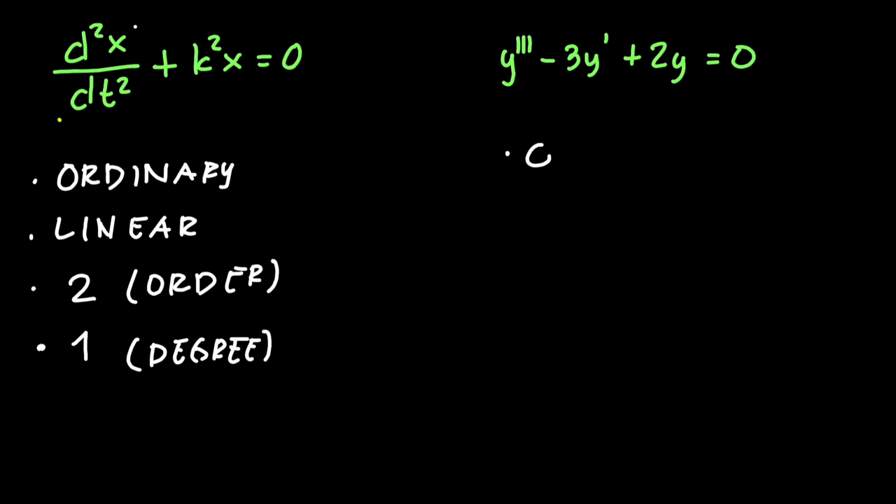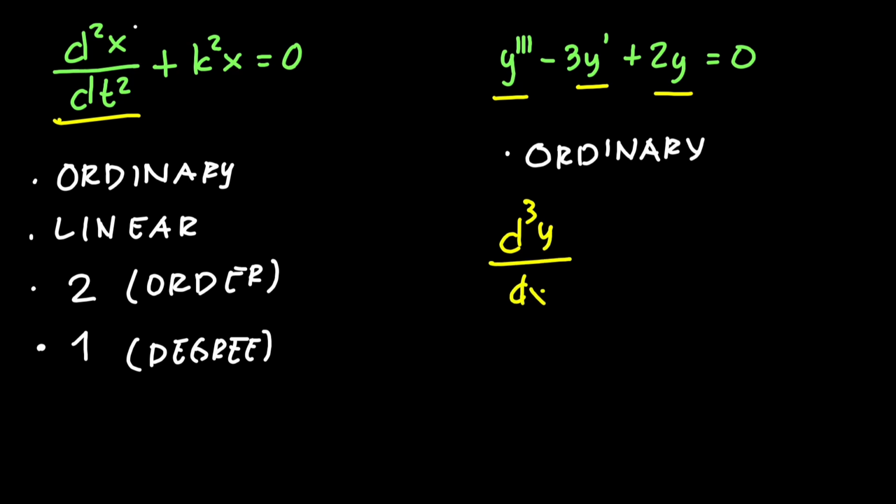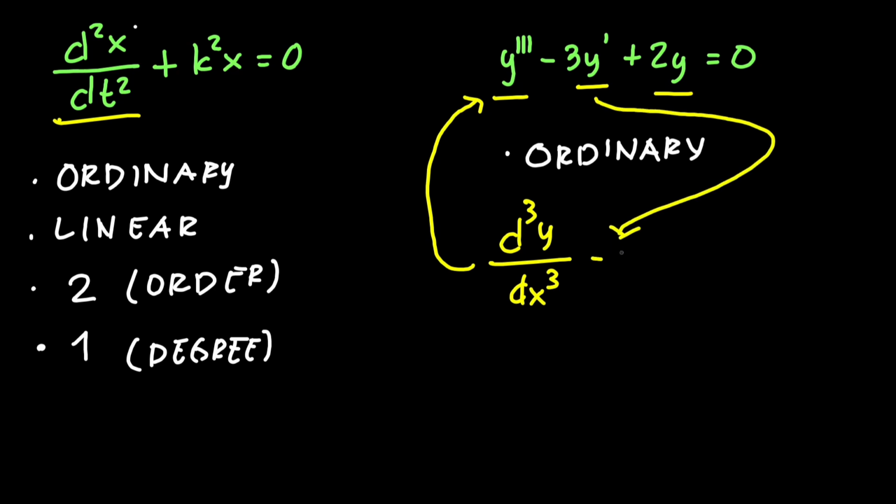It is an ordinary differential equation, because whenever you're given a prime form here and not a derivative form, know that d cube y over dx cube is also equal to y triple prime, and also 3y prime would be equal to minus 3 dy over dx. So as you can see here, it also has a singular independent variable.